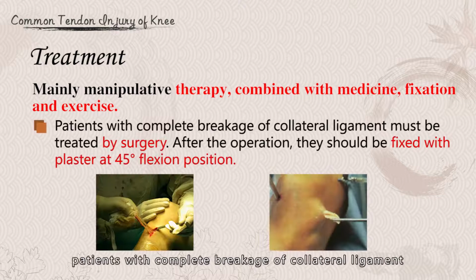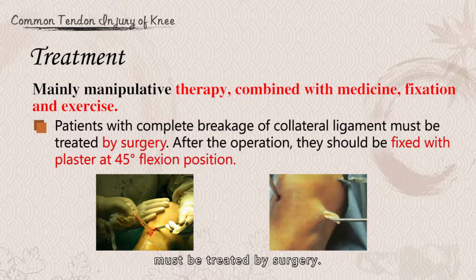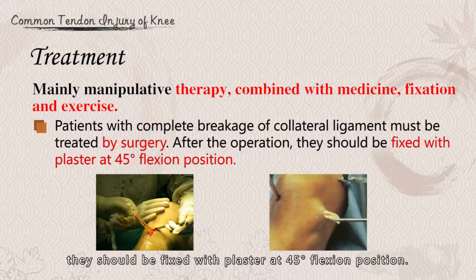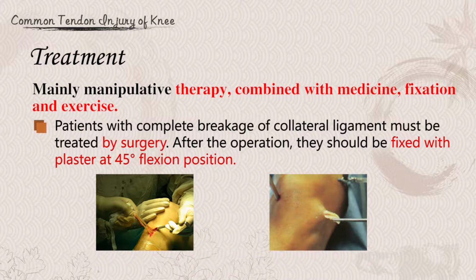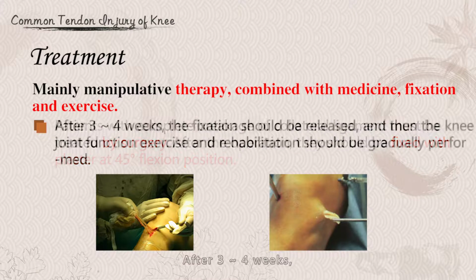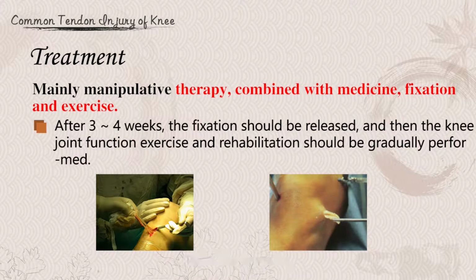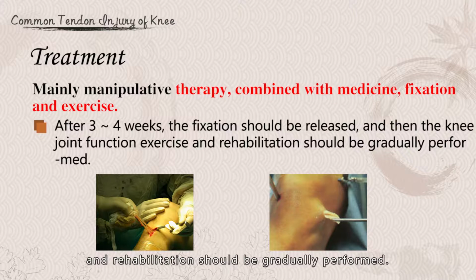However, patients with complete breakage of the collateral ligament must be treated by surgery. After the operation, they should be fixed with plaster at a 45-degree position. After 3 to 4 weeks, the fixation should be released, and then knee joint function exercise and rehabilitation should be gradually performed.